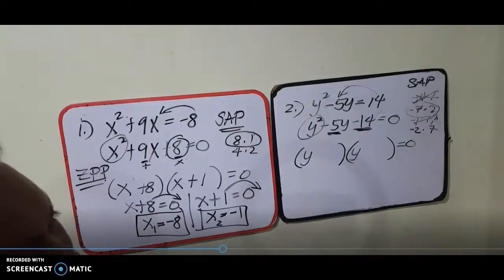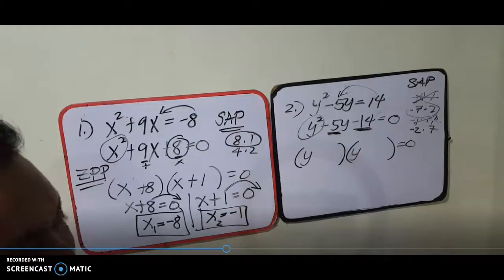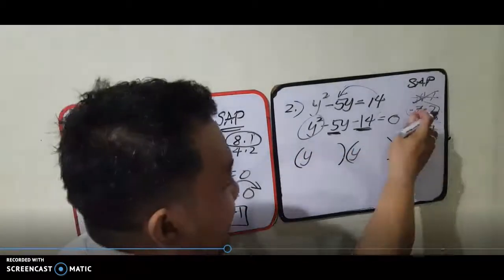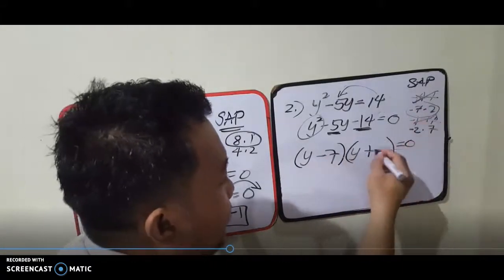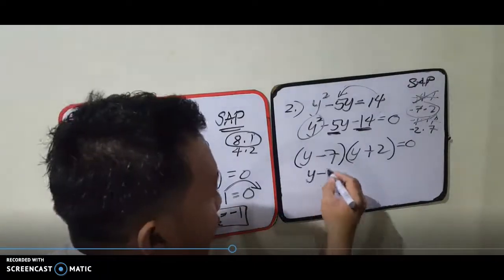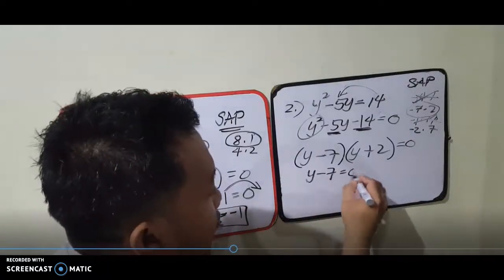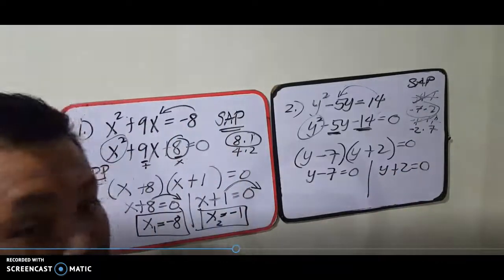Those factors will form the factors of this quadratic trinomial, including their signs. Since it's negative, this will be minus 7, and since this is positive, that will be plus 2. Then zero product property: y minus 7 is equal to 0, and y plus 2 is equal to 0.